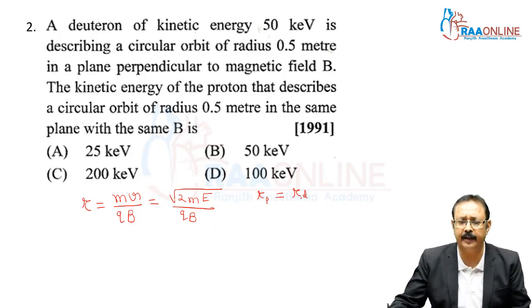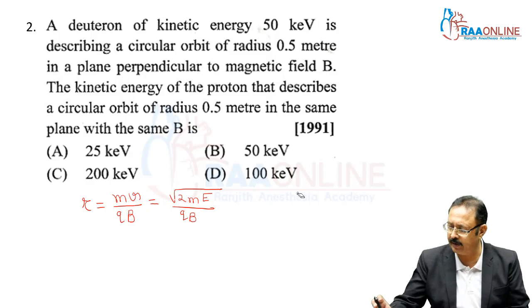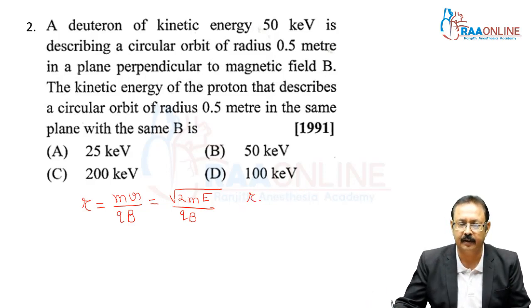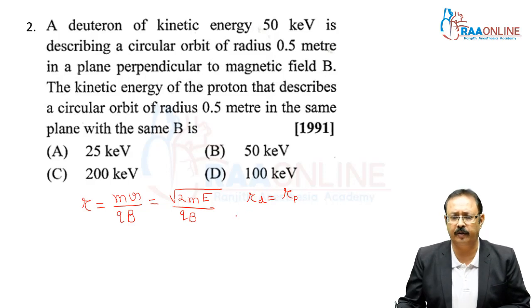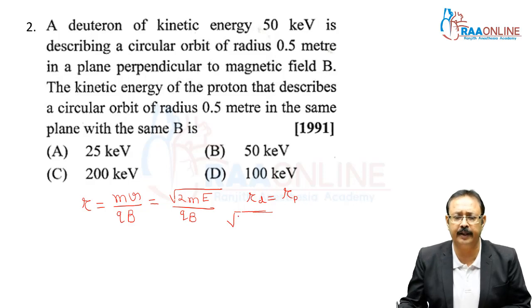First we are writing R deuteron. I will write this on the right hand side because deuteron they gave us. Proton we want to find something. For deuteron, suppose I am taking mass m.